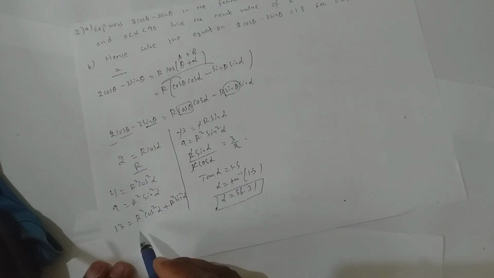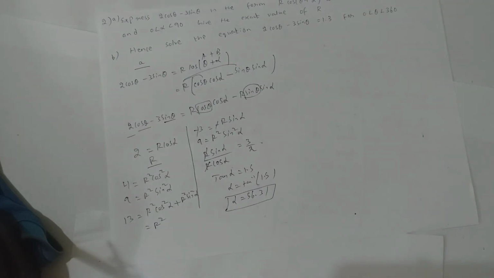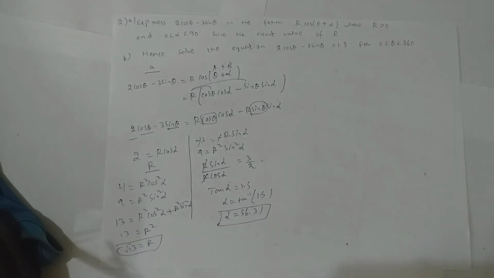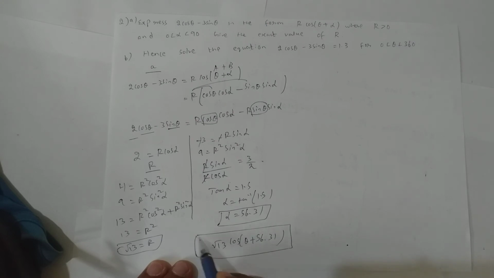What can I take common? I can take common r square. What do I get in the bracket? Cos square alpha plus sin square alpha, which is 1. That means my r value is root 13. So you need to write the final step. Final answer is root 13 times cos of theta plus 56.31. Am I clear? These kind of sums, follow this method.